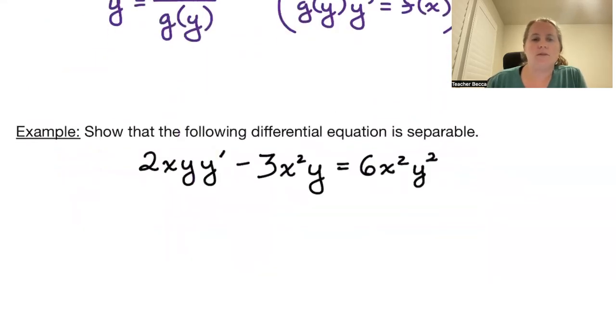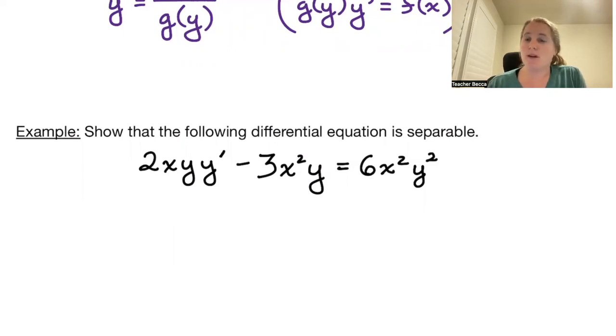So for example, let's go ahead and show that the differential equation 2xy times y prime minus 3x squared y equals 6x squared y squared is separable.